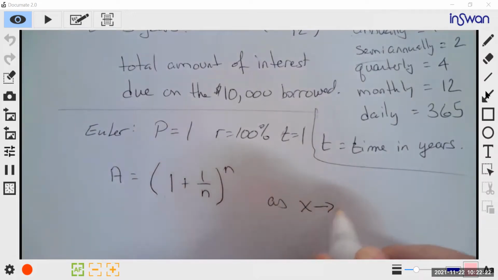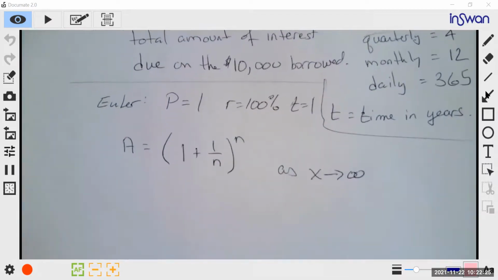As n goes to infinity, goes further to the right, A approached a number.